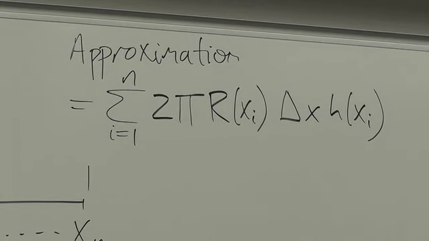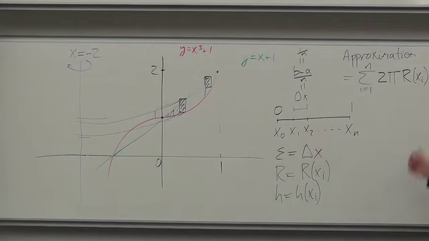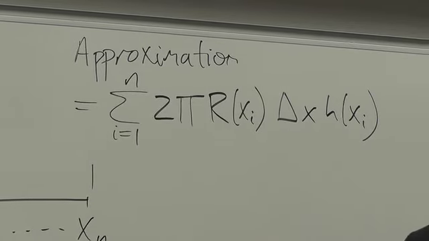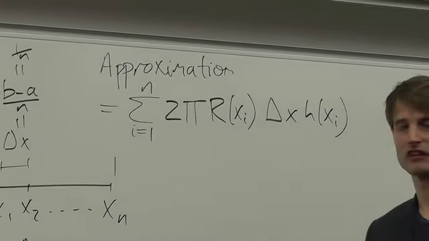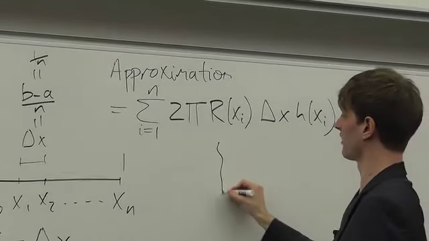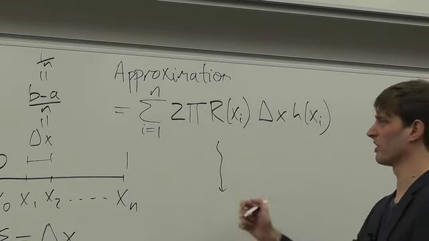And of course, just as in our first picture that we're bearing in mind, as we increase the number of cylinders, as we let n tend to infinity, this approximation gets better and better. And this thing has the form of a Riemann sum, where the function, the f of xi, if you like, is just this 2 pi r(xi) times h(xi). So in the limit, we get the actual volume, and we can determine the actual volume by an integral.